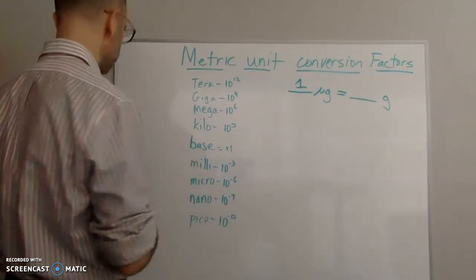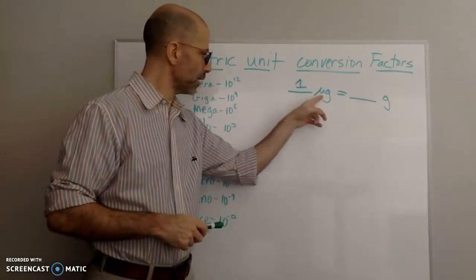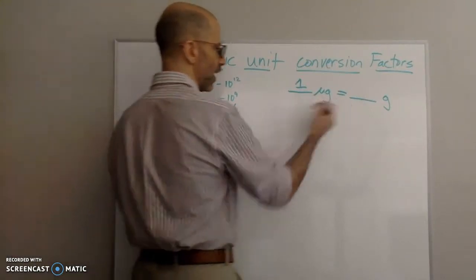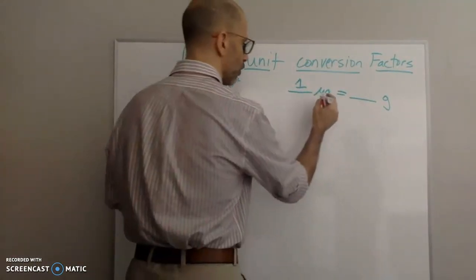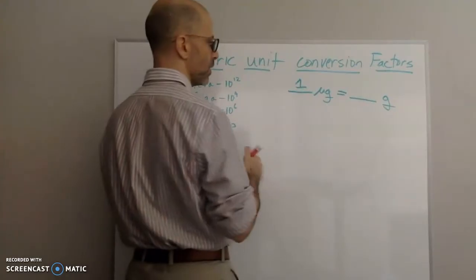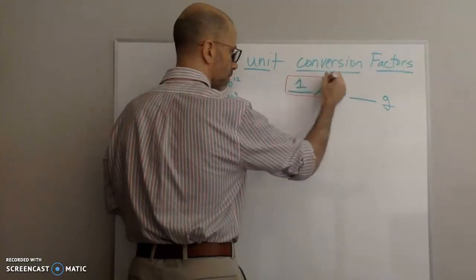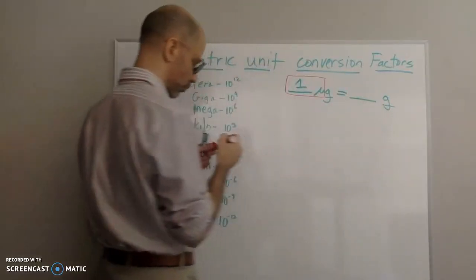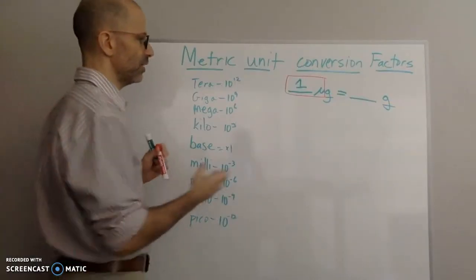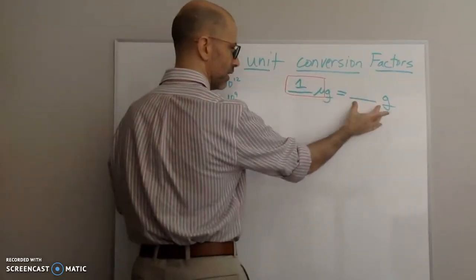So why do I do that? The reason I do that is because I have micro here and I have gram here. And you'll notice that both sides have gram in common. So I have grams on both sides. But what you'll notice here is I have micro and I don't have any prefix over here. If I know what the prefix multiplier is, then all I need to do is take this part and substitute on this side.